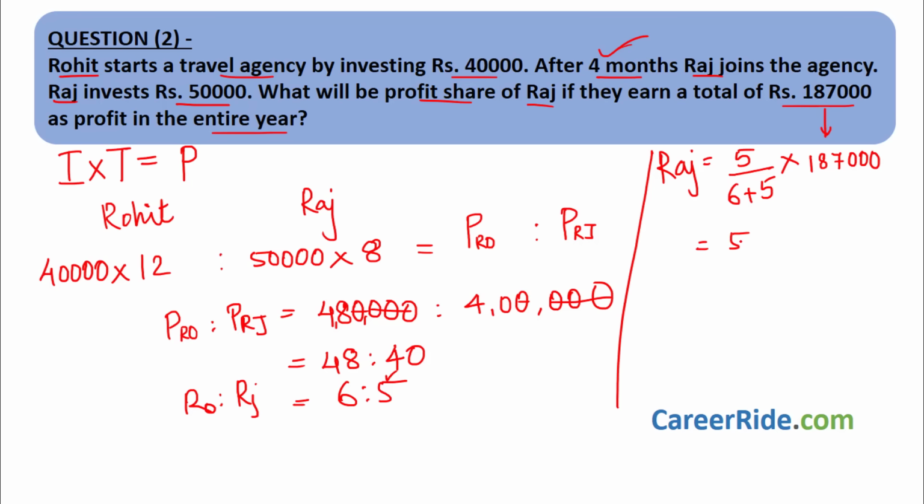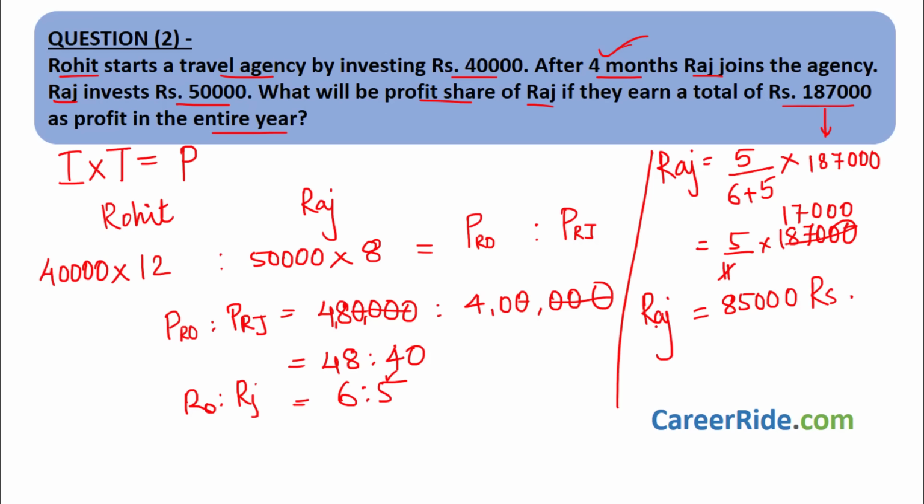So here we'll have 5 upon 11 into 1,87,000. 11 1s are 11, 11 7s are 77, so 17,000 into 5 gives 85,000 rupees. This is the share of Raj.